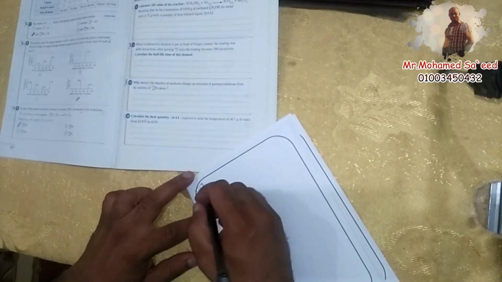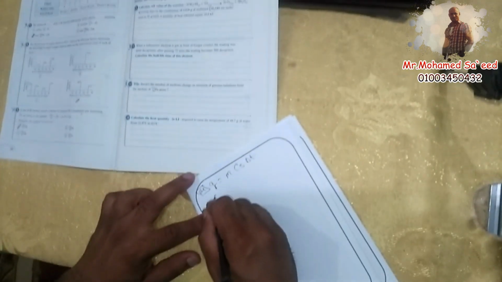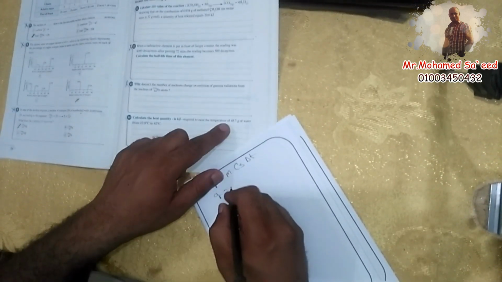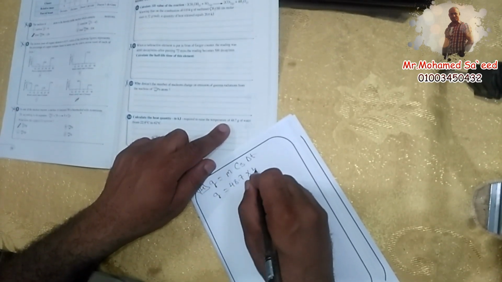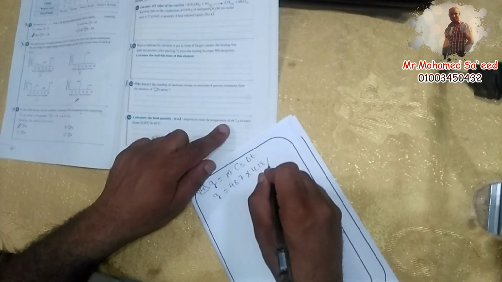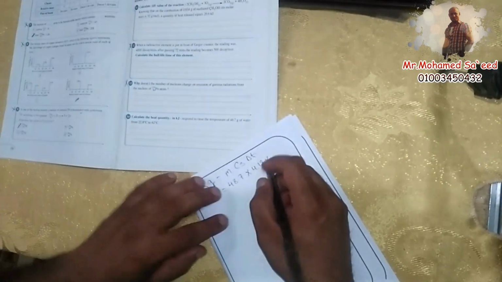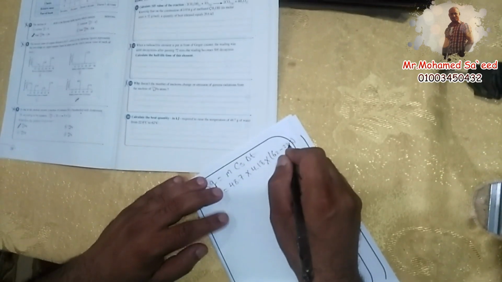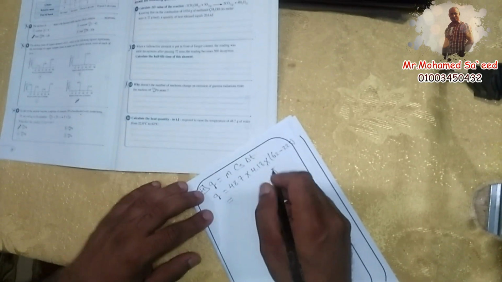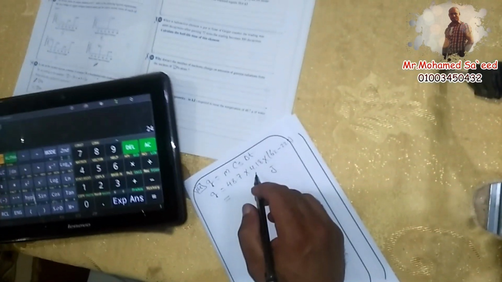You should know that Q equals m Cs delta T. Mass 48.7 multiply specific heat of water 4.18 times delta T, 62 minus 22.8, in joule, because we substitute specific heat in joules.